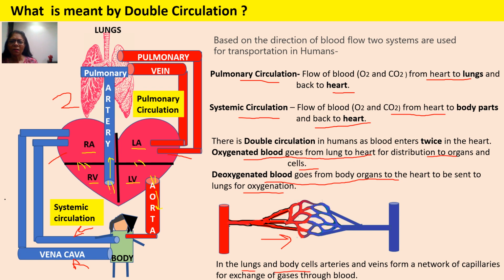The cells receive oxygenated blood and give oxygen, and the carbon dioxide is taken from the cells by the capillaries of veins, which are known as venules, which join to form a vein and take it away from those cells to the lungs for oxygenation.